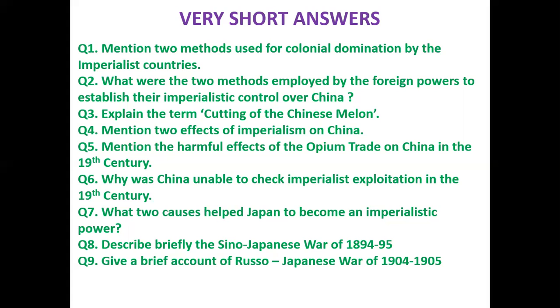This defeat destroyed the myth of the superiority of the European powers. At the same time, the Japanese carried on an anti-European propaganda and raised the slogan, Asia for Asians. This raised the morale of the people and inspired them to throw off the foreign yoke.